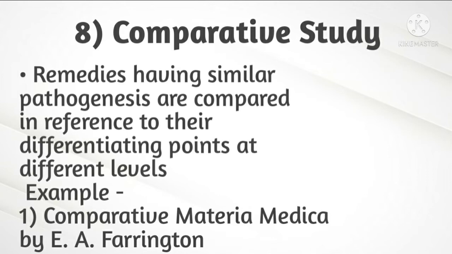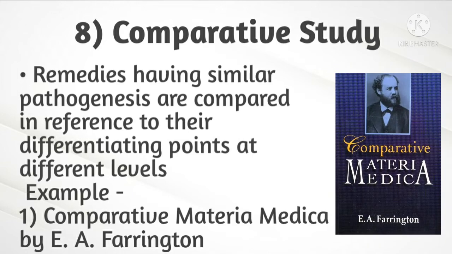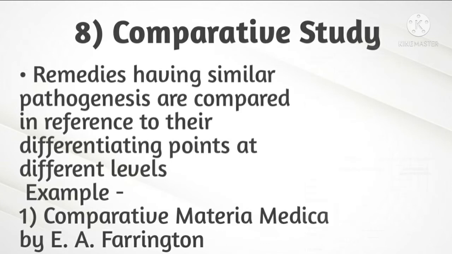Comparative study. In this type of study, the drugs or remedies with similar pathogenesis are compared to each other in reference to their differentiating points at different levels. The example of the book that contains comparative study of materia medica is Comparative Materia Medica by E.A. Farrington.